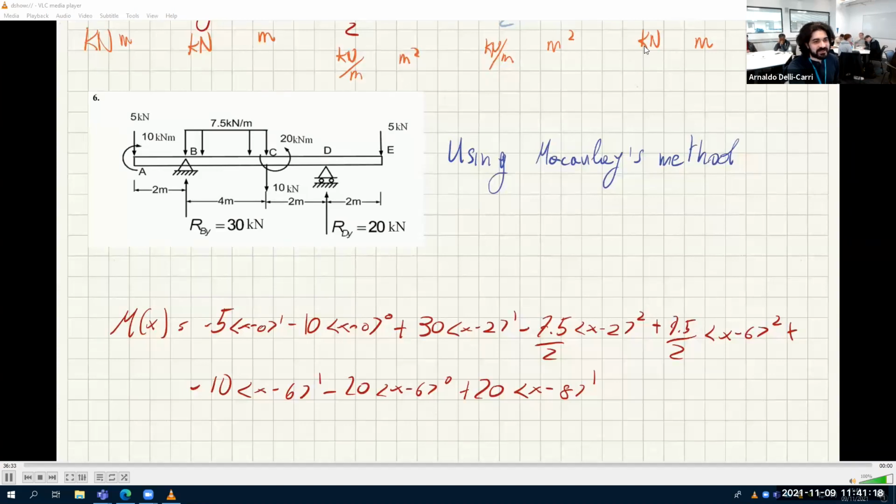Is the 20 in the other direction? What do you mean? It's also a minus. Okay, so yes, this is positive. The moment one is counterclockwise, which is negative.